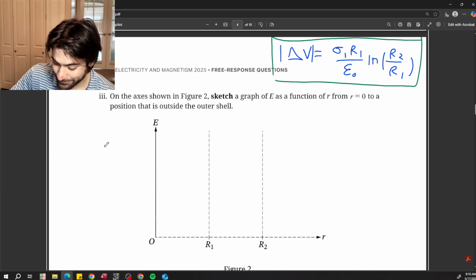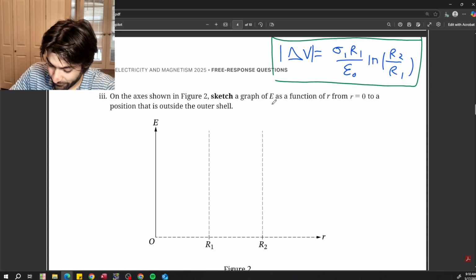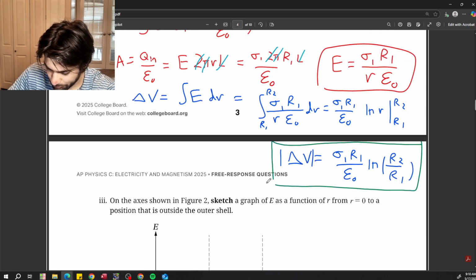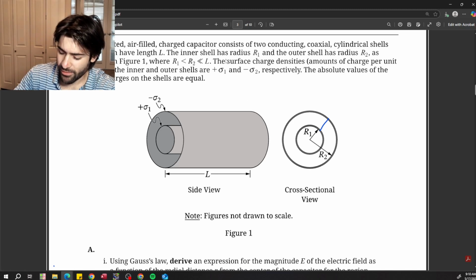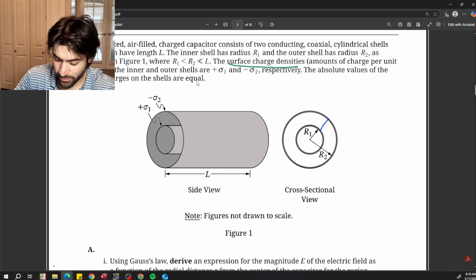Now for part 3. On the axes shown, sketch the graph of E, its magnitude, as a function of R from 0 to the position that is outside the outer shell. All right. So note that it says surface charge density. That means that the charge exists only on the surface.